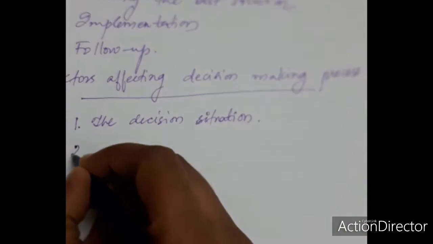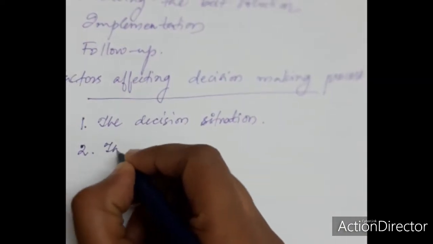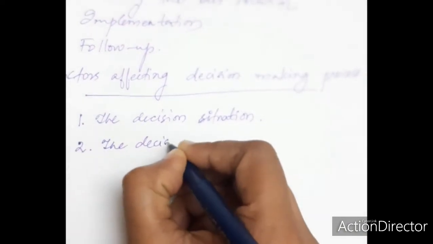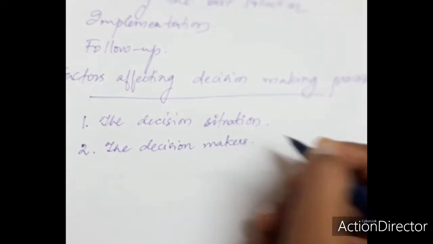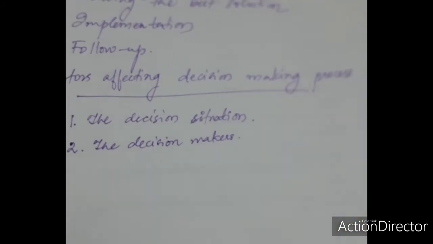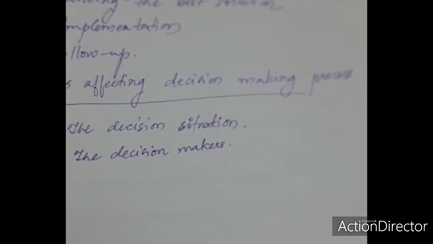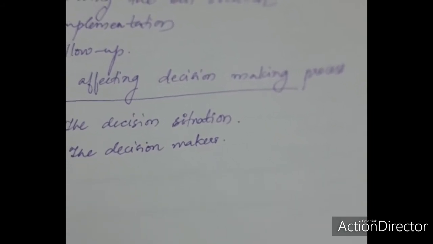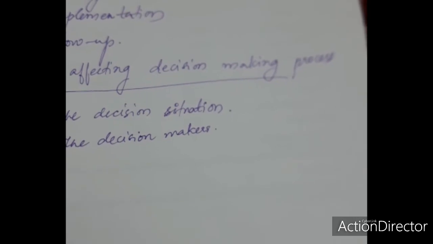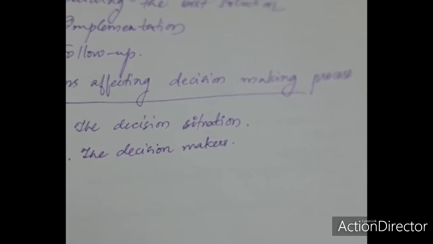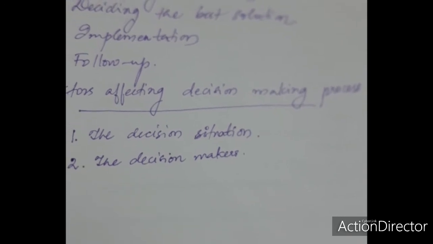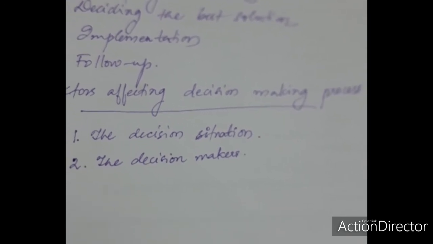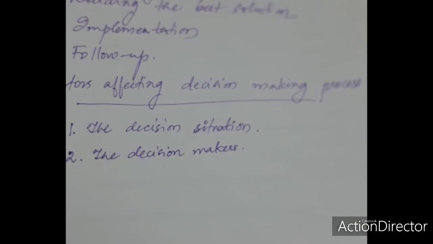Secondly, it is the decision makers. So who is making the decision? Different people approach decision making in different ways. The individual might be unique in terms of their abilities or beliefs or their skills or their personalities or their values, whatever you can say.